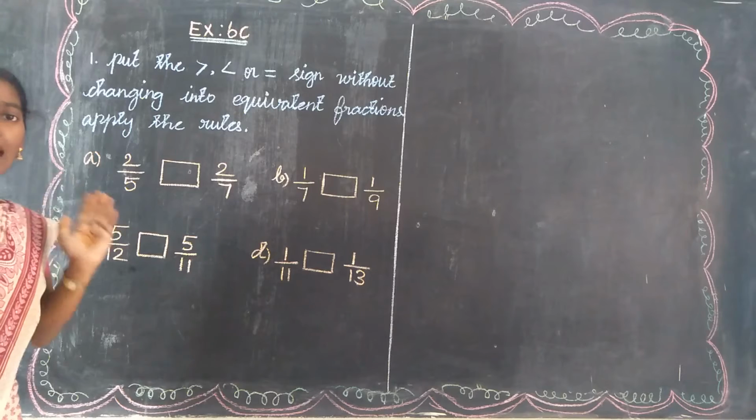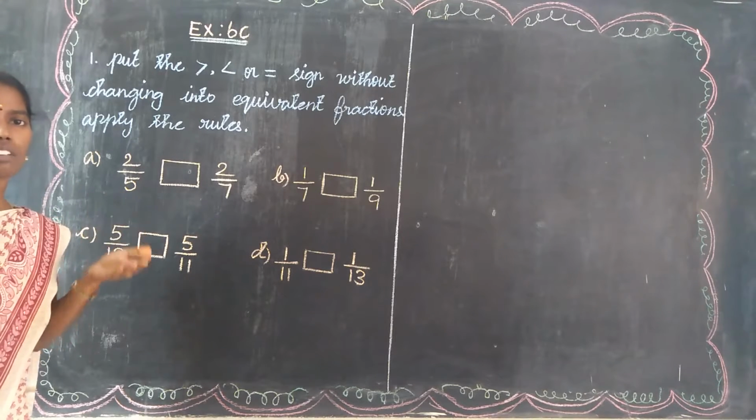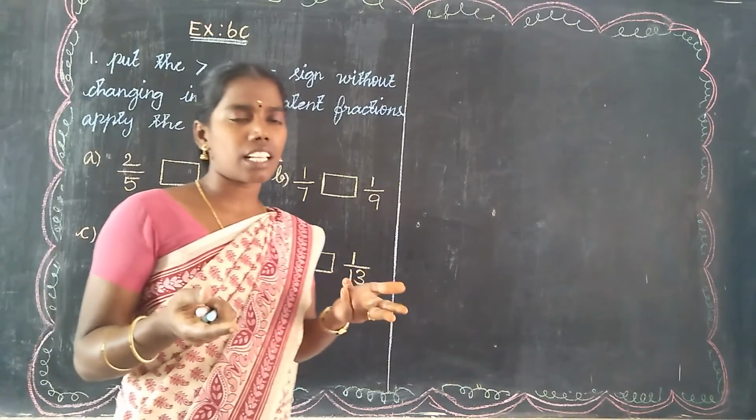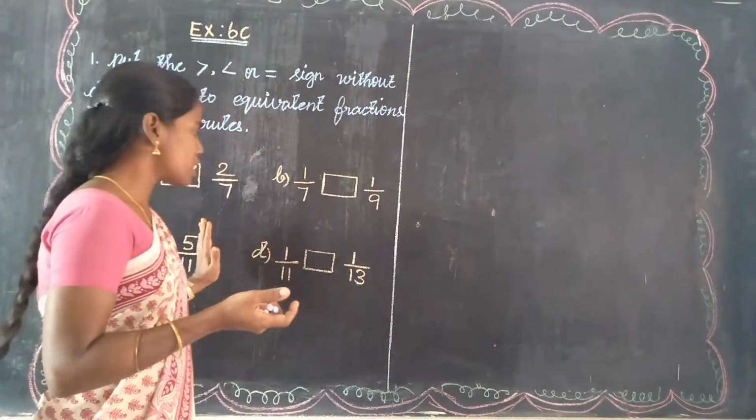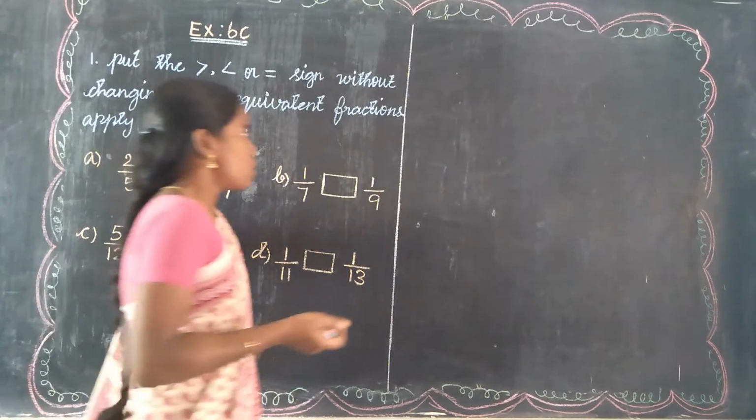Greater than means the highest value, less than means the smallest value, and if both values are equal, then the equal symbol. So how do we apply these symbols to the four problems? See the solution.